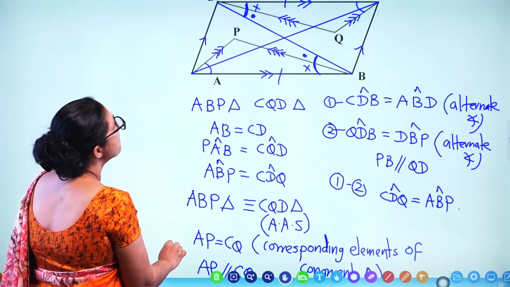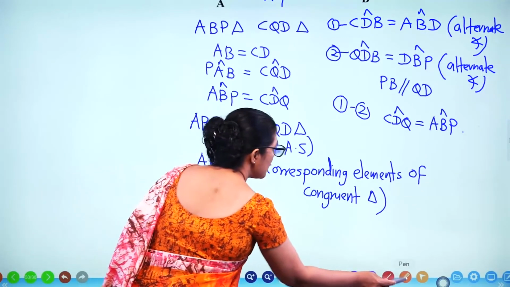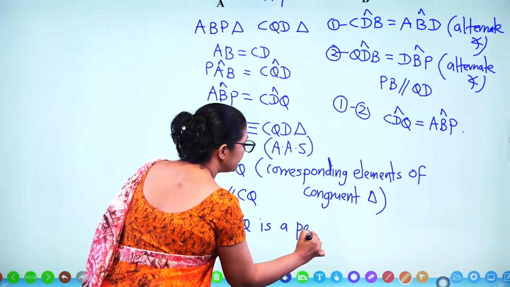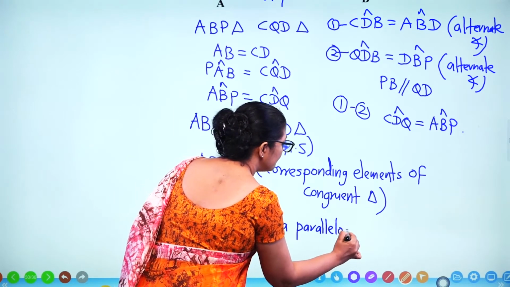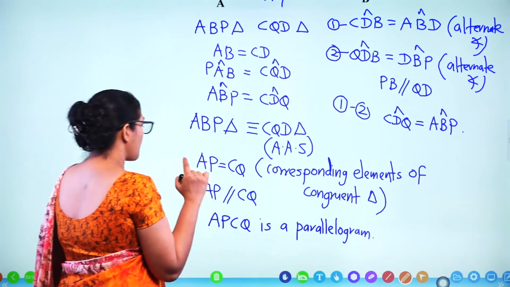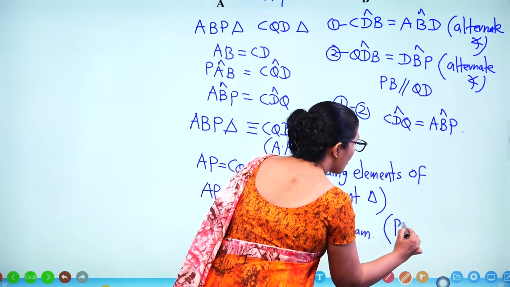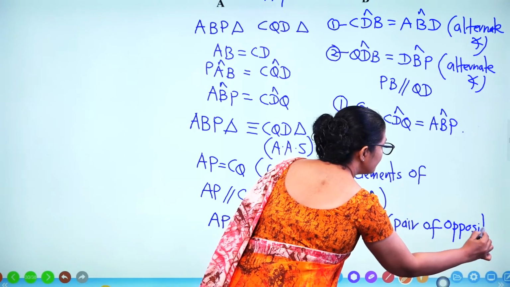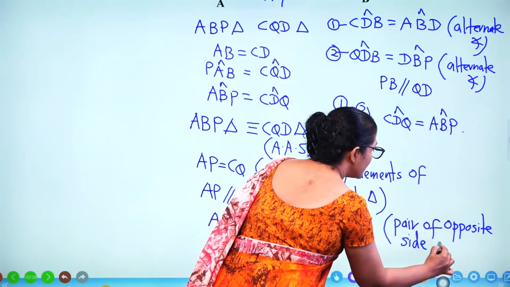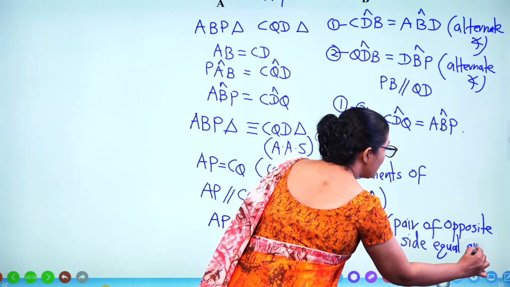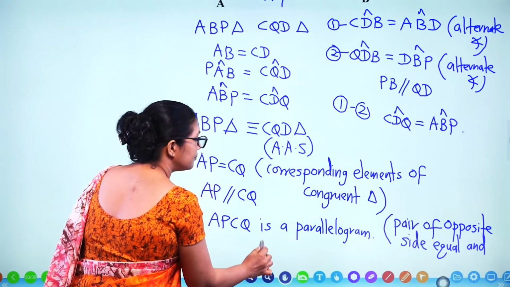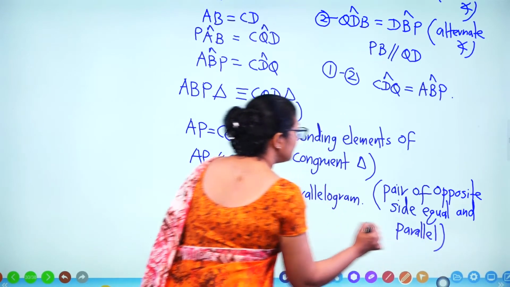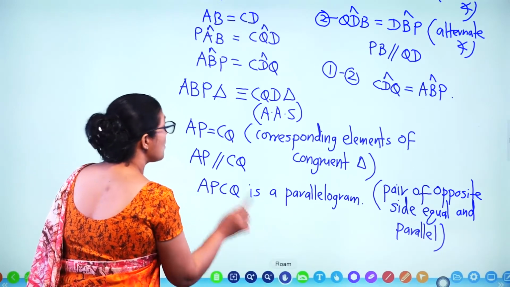APCQ is a parallelogram. A pair of opposite sides equal and parallel. So that's this one.